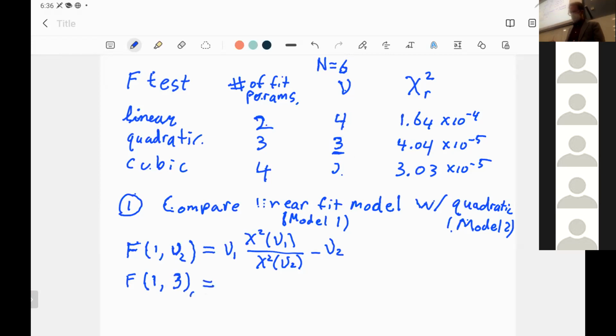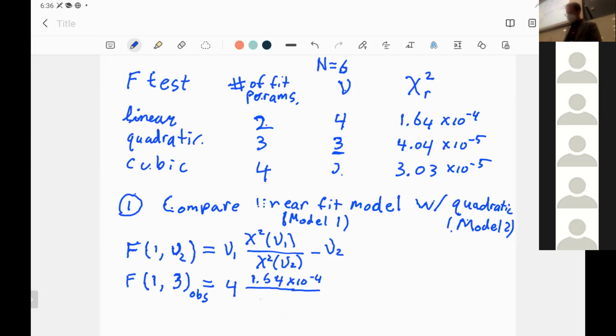Our observed value of F1,3 is degrees of freedom in fit model 1, that was 4, times chi squared for fit model 1, that's 1.64 times 10 to the minus 4.